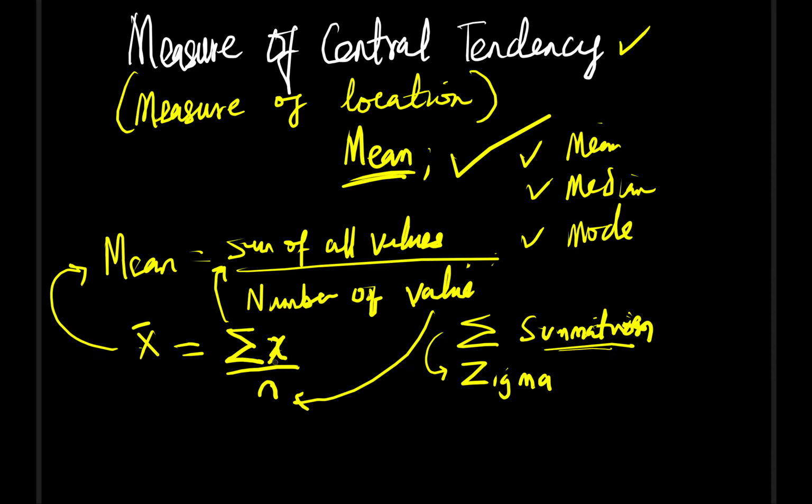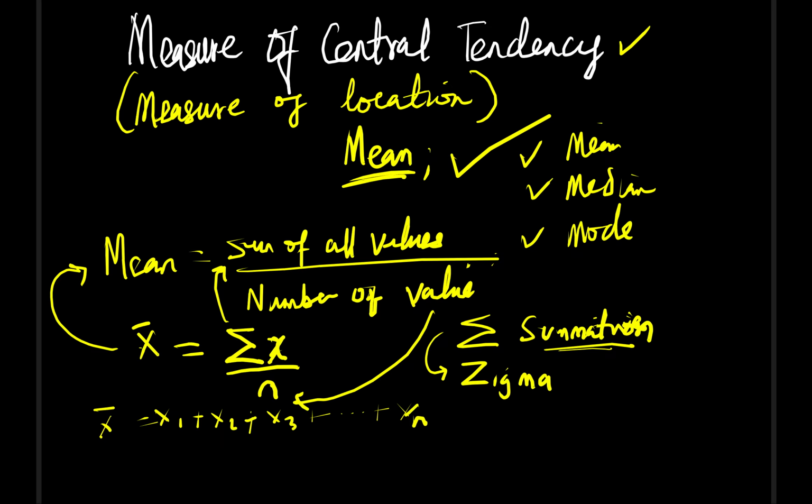So the summation of all the values divided by the number of values, that's the formula for mean. This is the first thing you must know. In some textbooks, to explain the summation of x further, they will tell you that x could have different values: x1 plus x2, just like our first numbers 10, 20, 30, 40, 50, plus x3 plus dot dot dot plus xn.